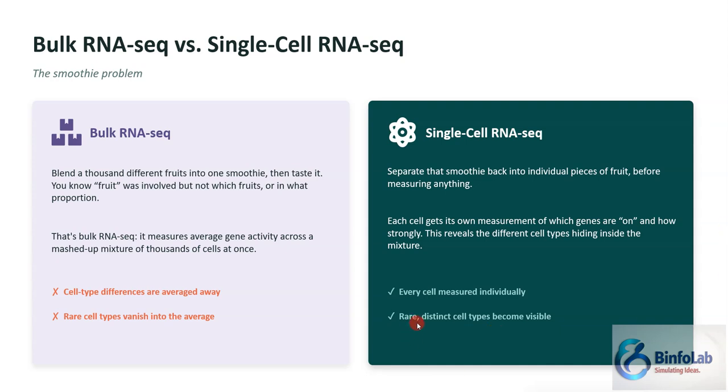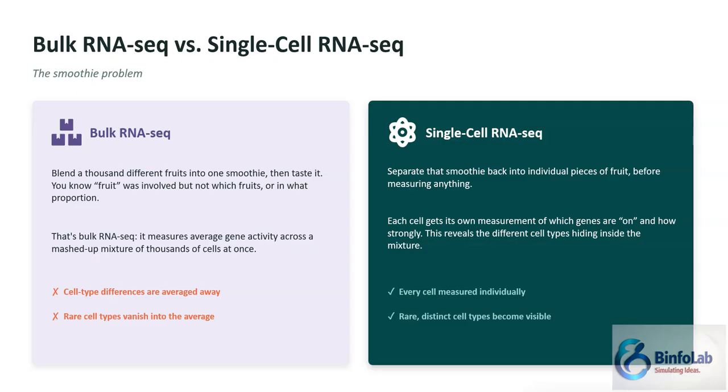So this was the basic description of the difference, the pros and cons, between bulk RNA sequencing and single cell RNA sequencing. This slide does not mean that bulk RNA sequencing is not better.